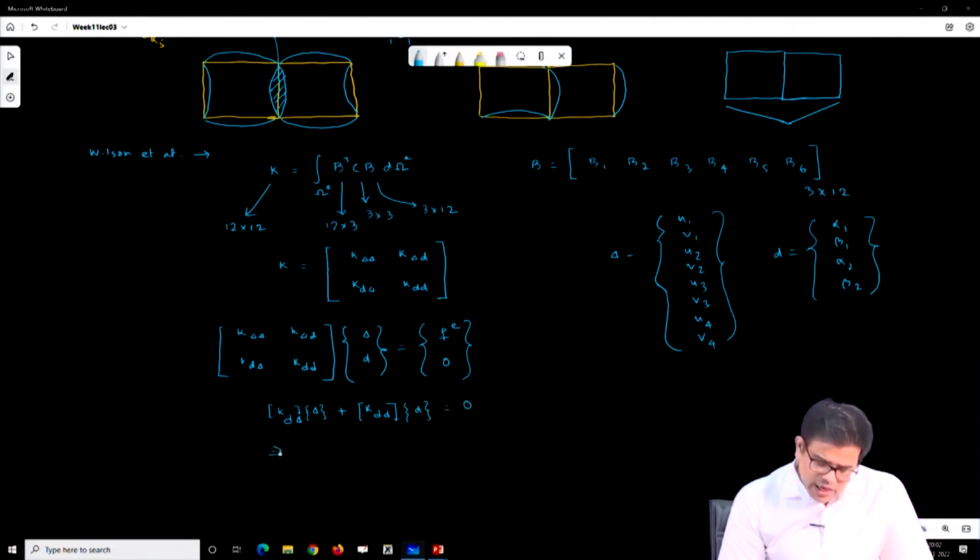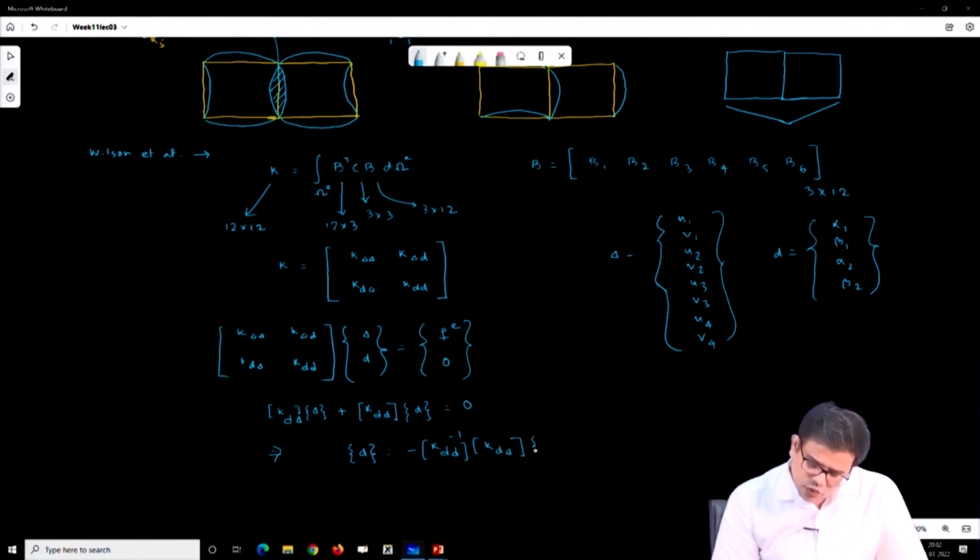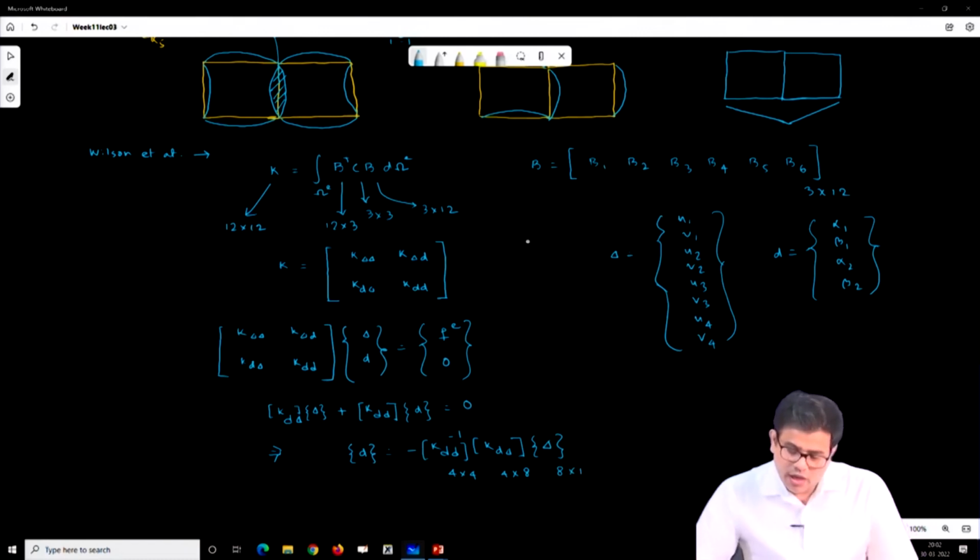So if I want to find D, then D is minus K D D inverse K D delta into delta. K D D is actually 4 cross 4, K D delta is 4 cross 8, and this is 8 cross 1, so basically this is a 4 cross 1 vector.